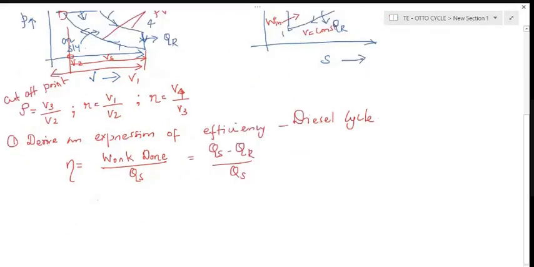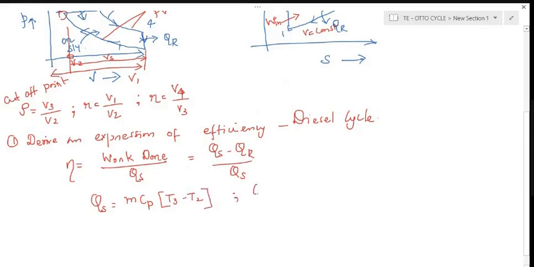You know the general formula for Q is m Cp delta T. Considering the heat supplied, the heat supply takes place in a constant pressure process between 2 and 3, so the temperature difference is T3 minus T2.